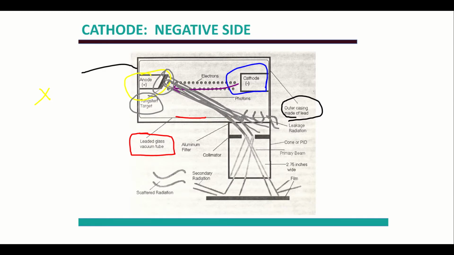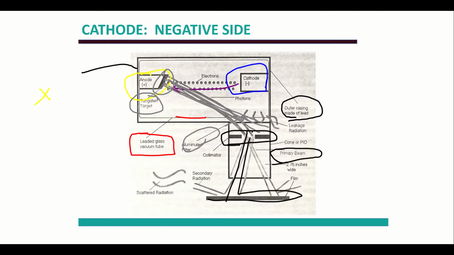Photons are aimed at the portal or the opening, and what we have in place first is an aluminum filter. So here we have an aluminum filter in place first, and then a collimator. The collimator is a lead washer. The primary beam can come out, okay.